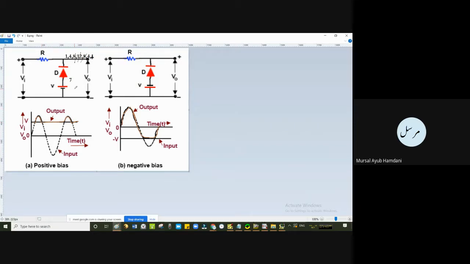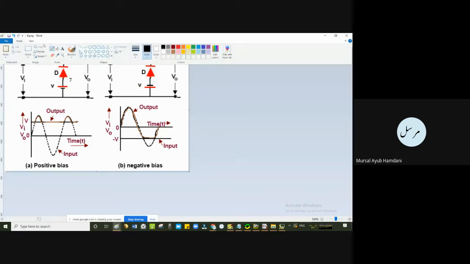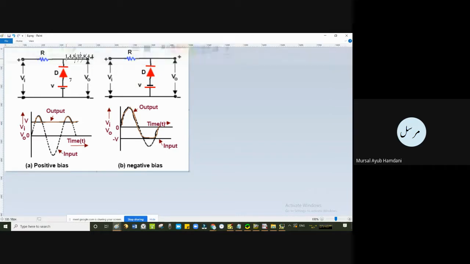And then for the negative half cycle, let me make all these values minus, in this whole bracket. So it will always be forward biased, isn't it?